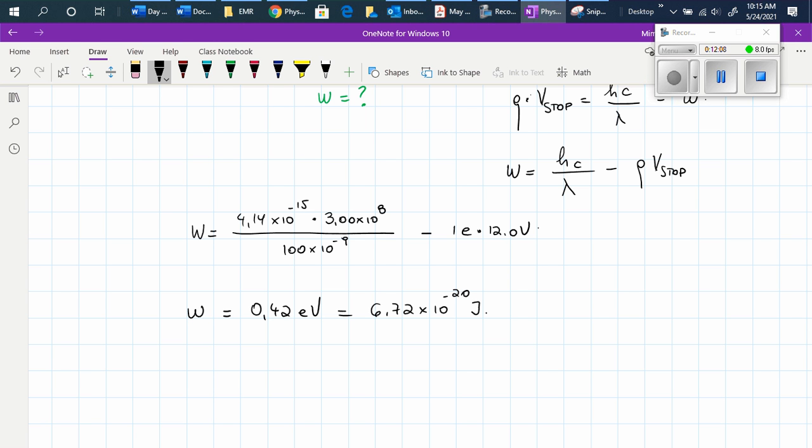The goal of this activity is to see visually the effect of changing the frequency and changing the intensity, and then to graphically determine the threshold frequency, work function, and Planck's constant for several metals using the photoelectric effect simulation through PhET.